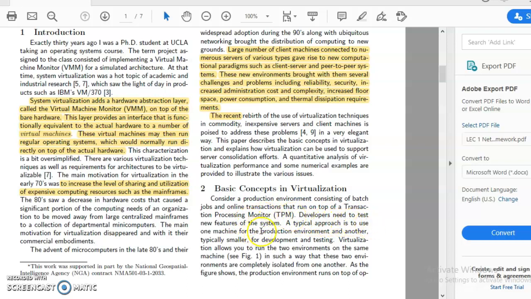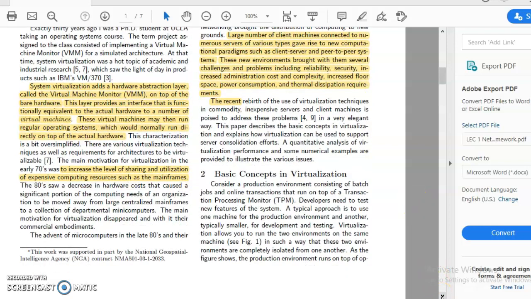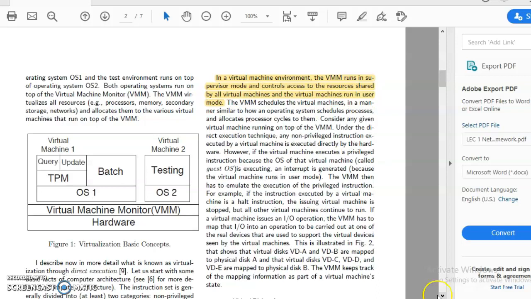Developers need to test the features, so testing is to be done. A typical approach is to use one machine for the production environment and one for testing. But what we will do here is do production and testing both using virtual machines. We will not isolate these two jobs. So we have the testing environment, the production environment, and below that the virtual machine monitor and the hardware.